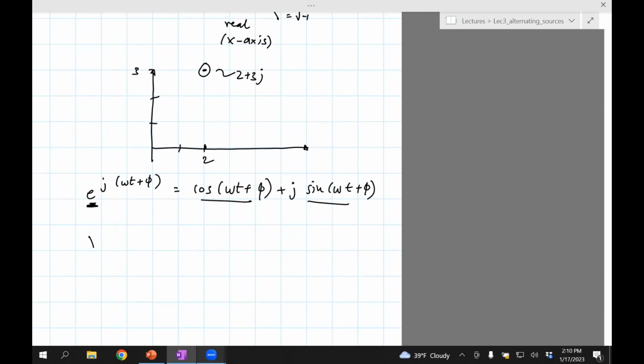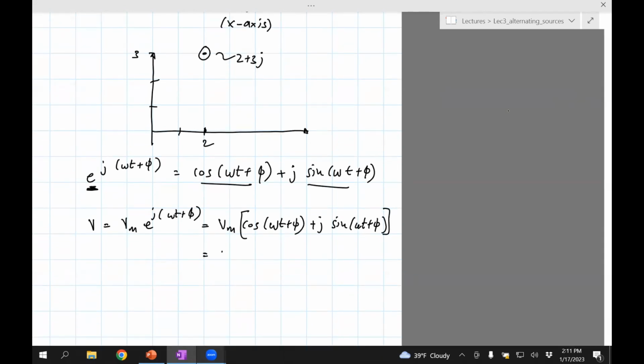So what we can do is represent V as Vm e^(j(ωt + φ)), which can be written as Vm cos(ωt + φ) + j sin(ωt + φ).